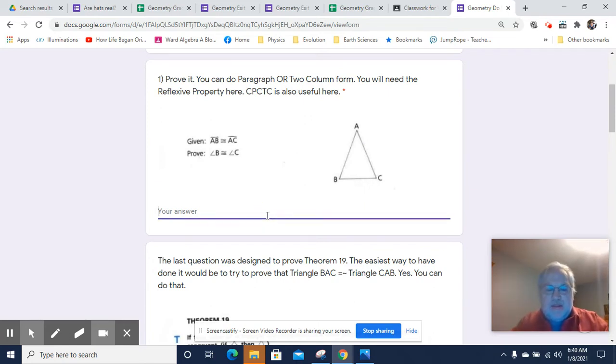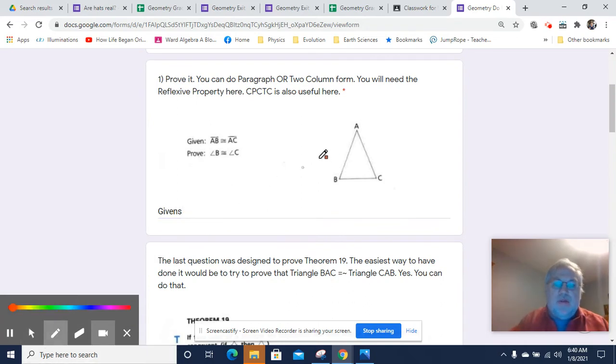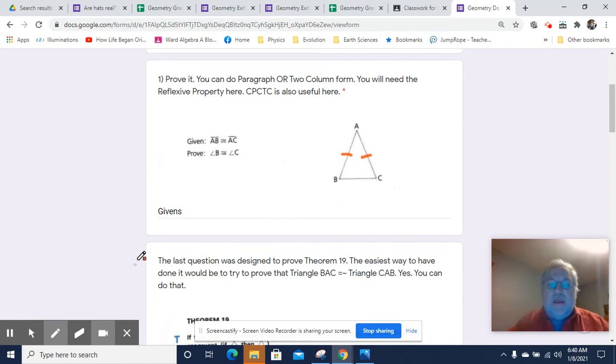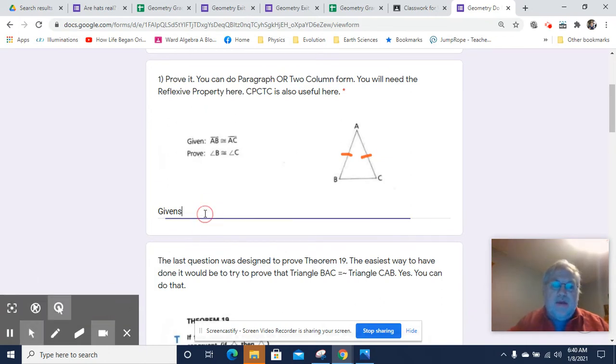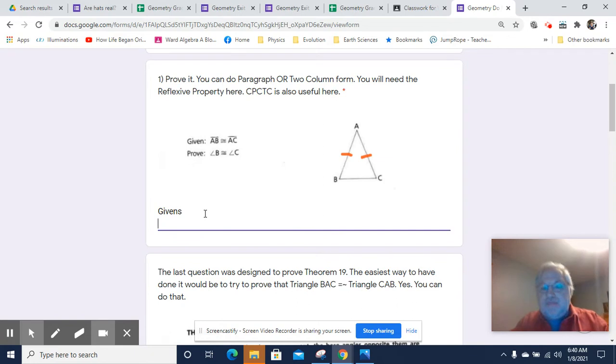So we'll start with the givens, okay, and let's label the things we know from the givens. We know this and this are congruent. We can then work out a few other things. We can then say that angle A is congruent to itself by reflexive.